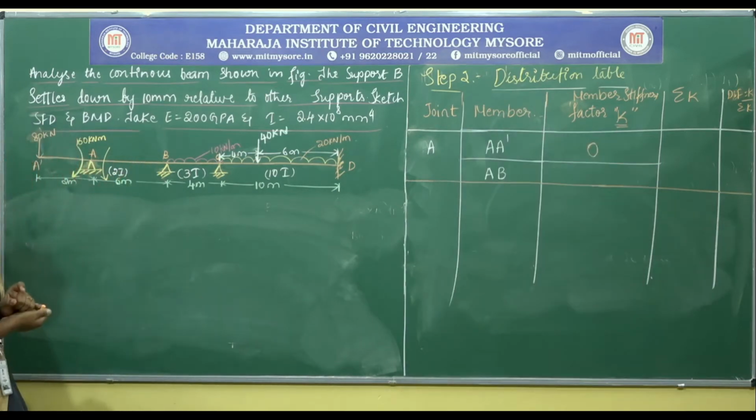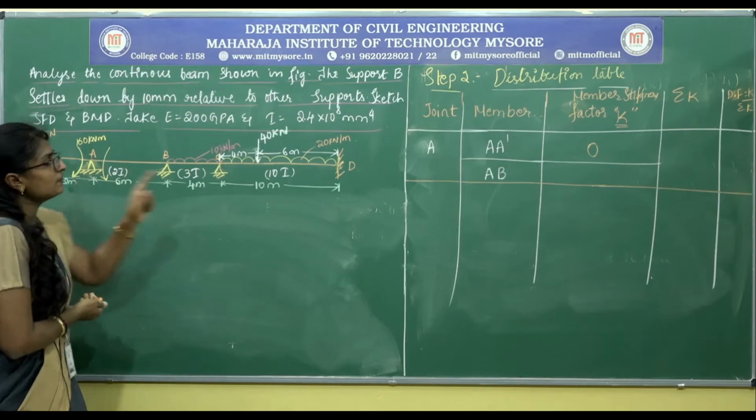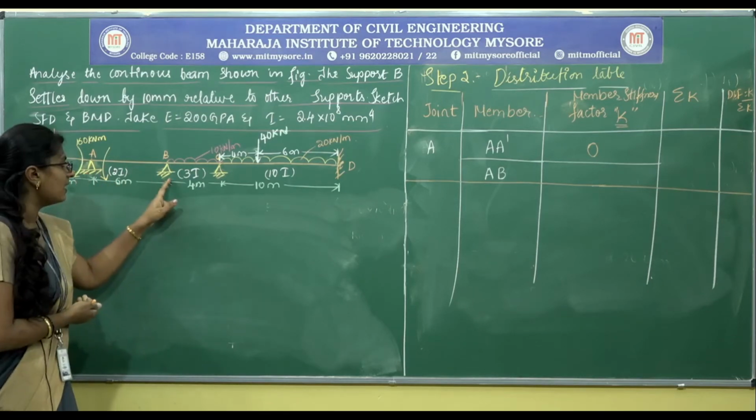For span AB, A is the near end and B is the far end.